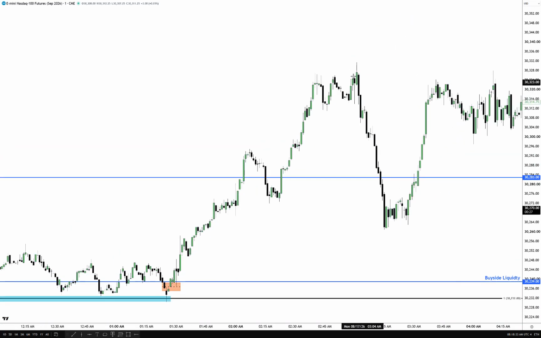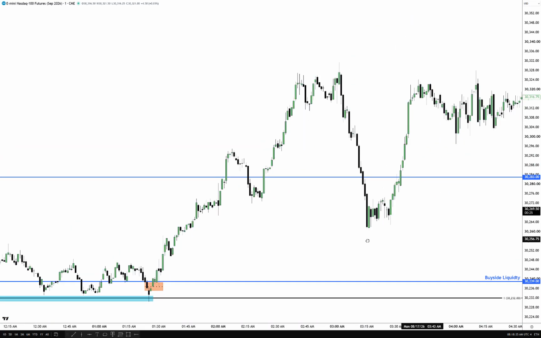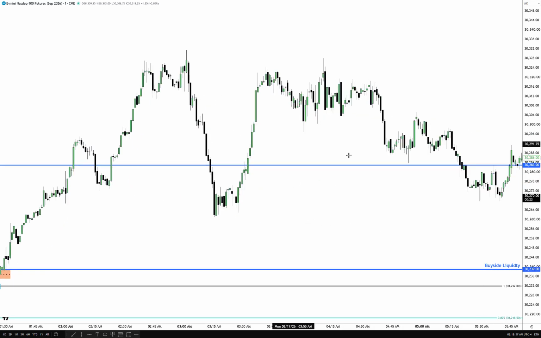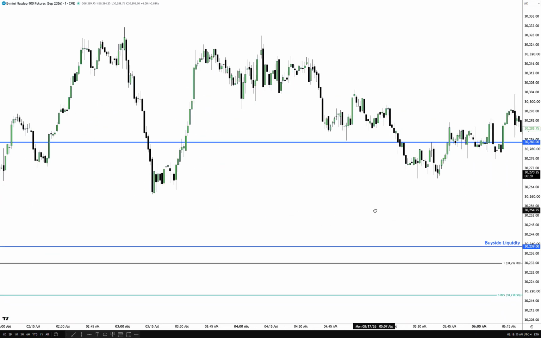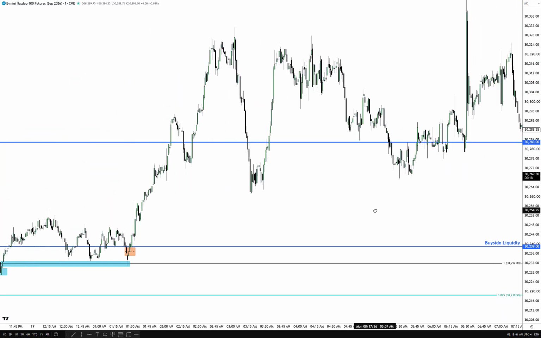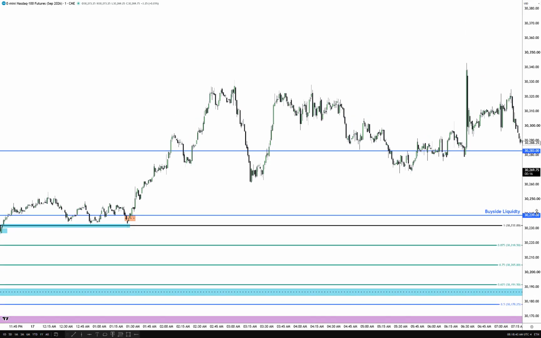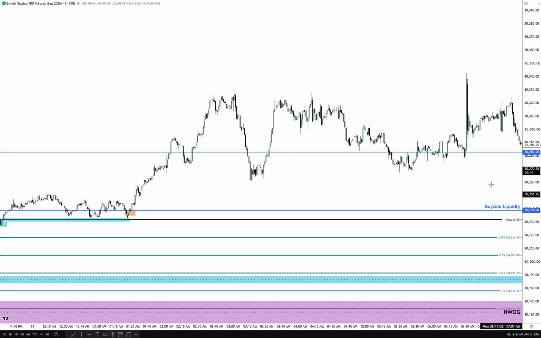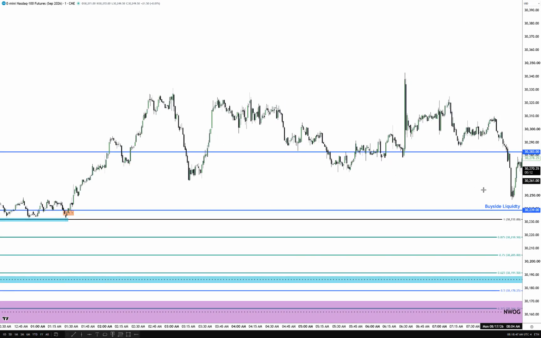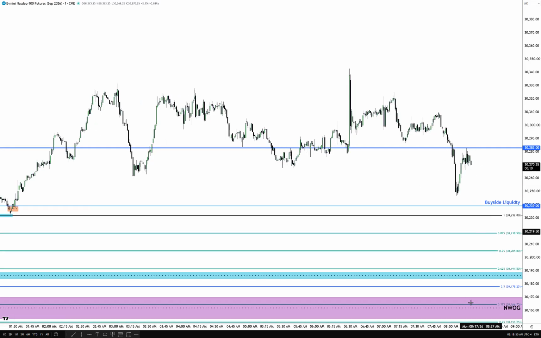And we dip back down in here. Consolidate. And now we have, again, new week opening gap down here. Okay. So be mindful that it could draw down into that and make an attempt to get in here because we have a little bit of consolidation here. This looks eventful.